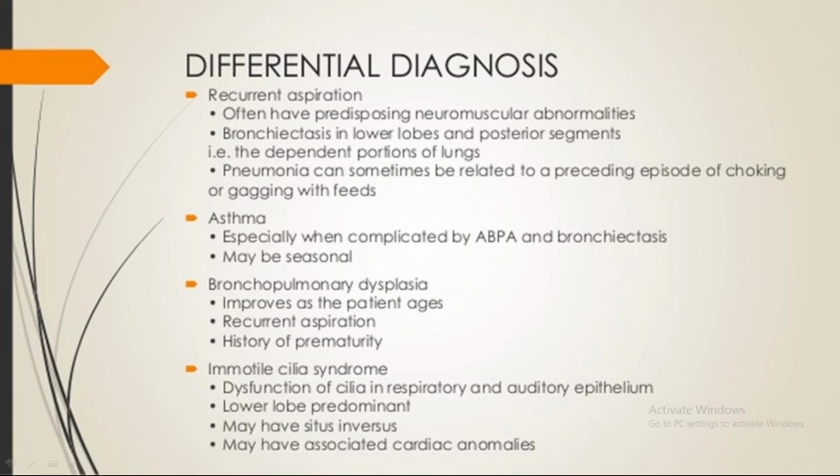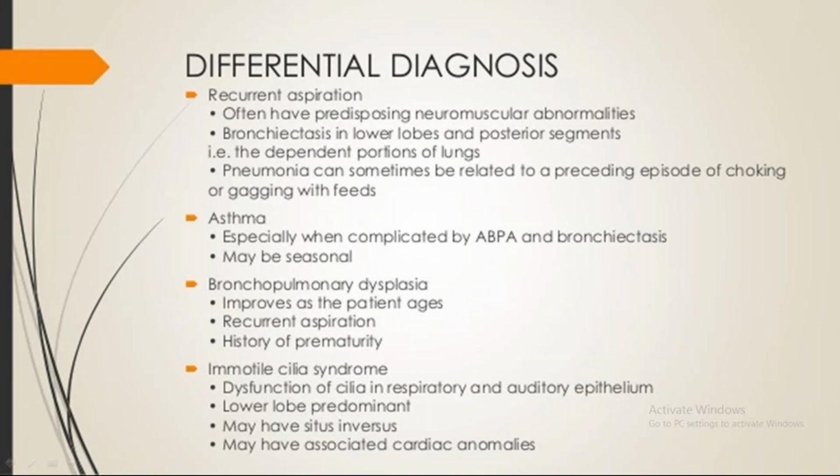A patient with recurrent aspiration may have predisposing neuromuscular abnormalities, like the patient is an alcoholic or is suffering from a cerebrovascular accident. In bronchiectasis, there will be involvement of the lower lobe and posterior segments, as these are the dependent portions of the lung. These are most commonly affected.